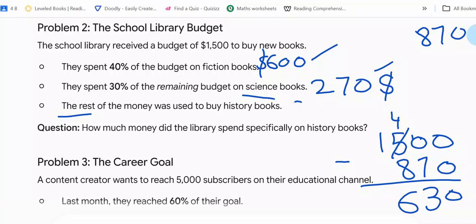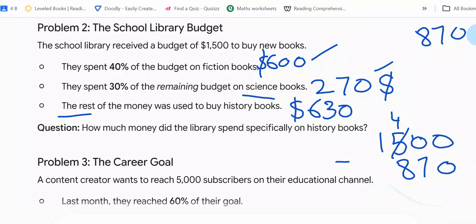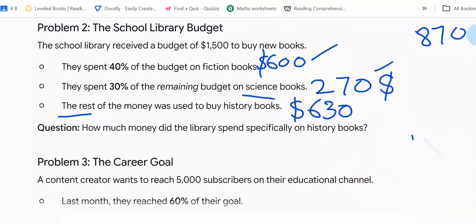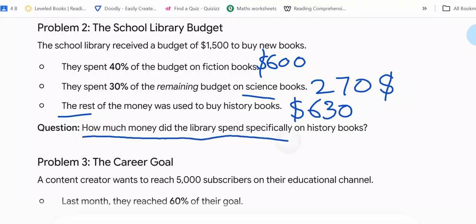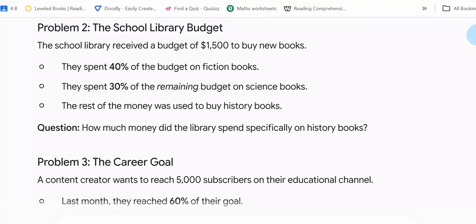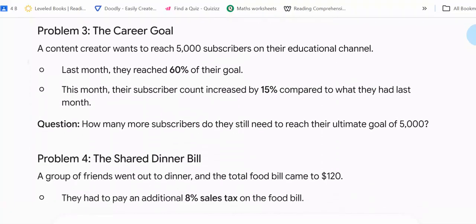Okay, so they have used $630 on buying history books. Let me remove the extra mess from the screen. Okay, so the question is, how much money did the library spend officially on history books? So it is 630. Let's move on to problem number 3.